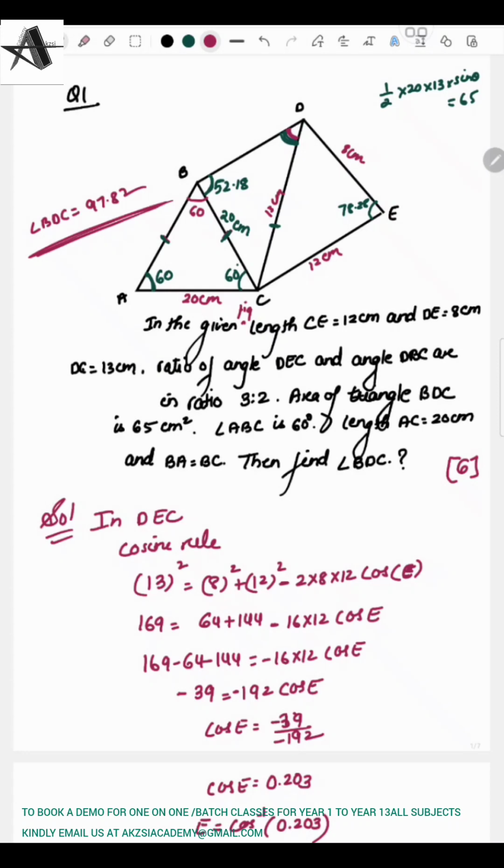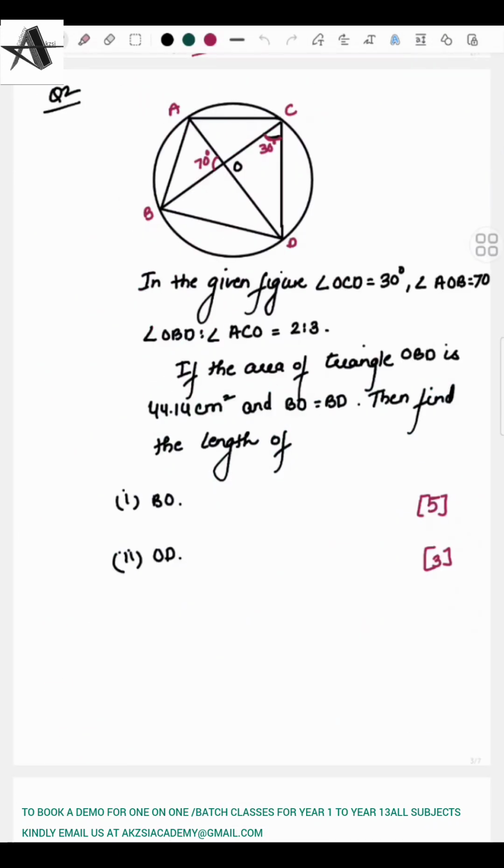Moving on to the next question. In the given figure, angle OCD is 30 degrees, which you can see here, and angle AOB is 70, that you can see as well. And the ratio of angle OBD, that means this angle, and angle ACO, that means this angle, is given as 2:3.